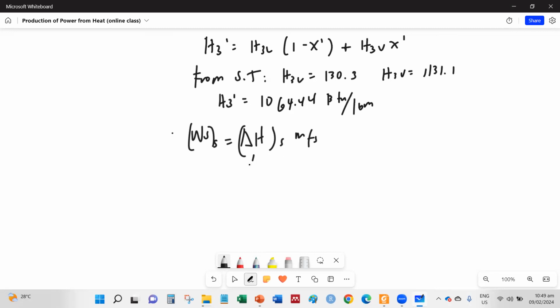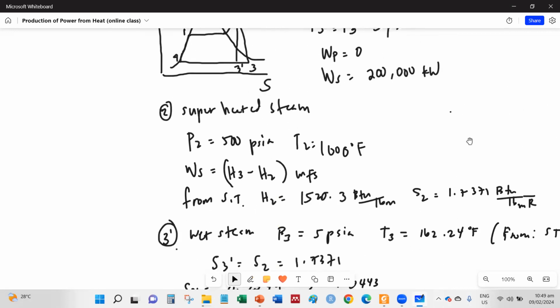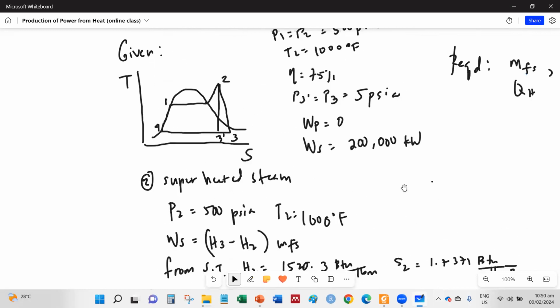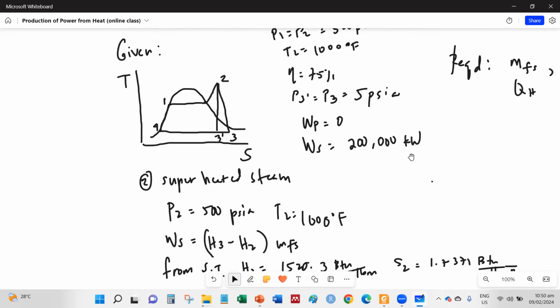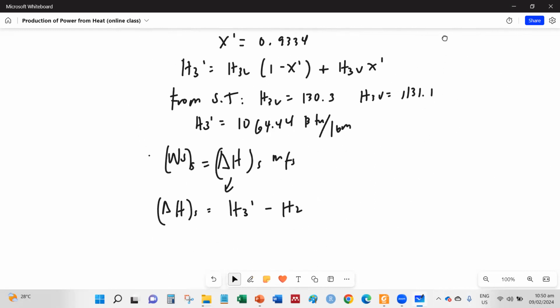But we know that delta HS is just H3 prime minus H2, right? Because it's the isentropic expansion. Let's go back to this. Okay. It's the isentropic expansion from H2 to H3 prime. So delta H isentropic is H3 prime minus H2.